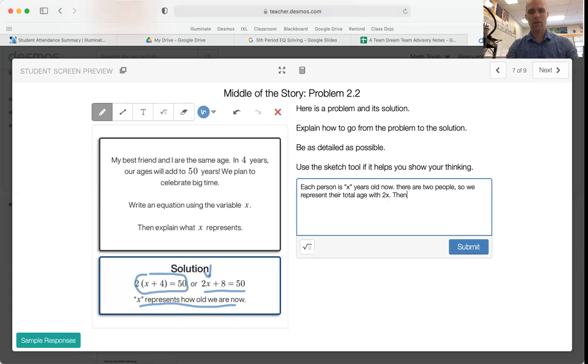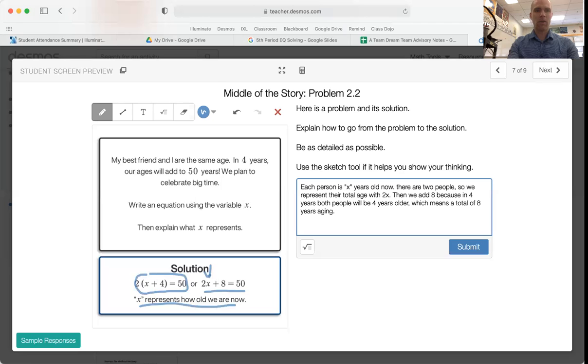Then we add 8 because in 4 years, both people will be 4 years older, which means a total of 8 years aging, right? They will have aged a combined 8 years, 2 people both getting 4 years older.